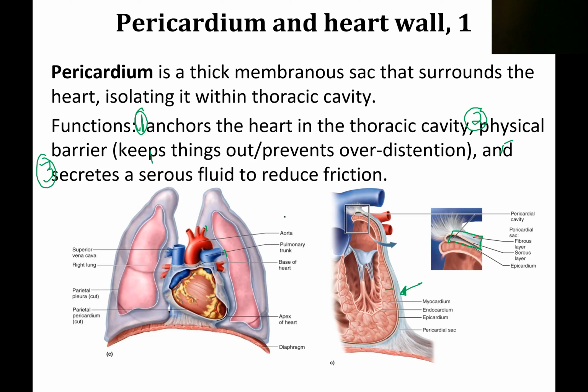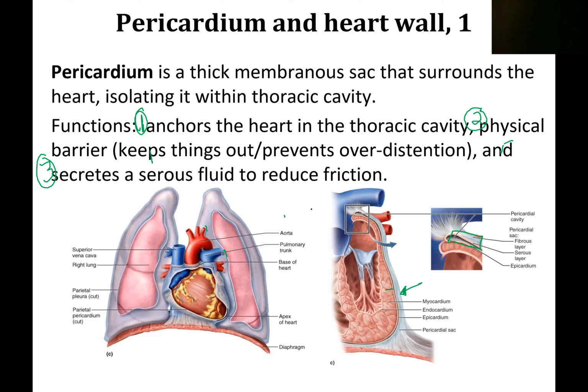Friction is what happens when two surfaces rub up against each other. If you rub your hands up against each other for an extended period of time, you're going to generate heat and damage the tissues. You're going to lose cells. So that's what the pericardial fluid, the serous fluid, is going to reduce.